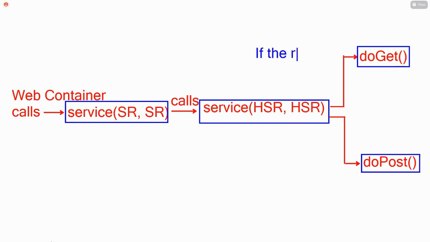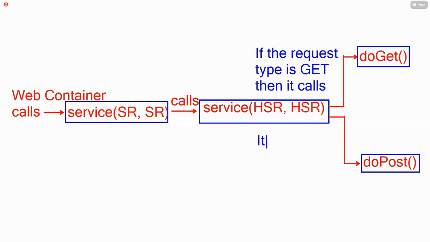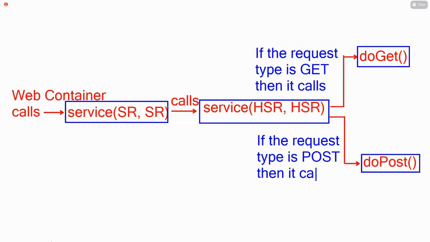If the request type is get, then it calls doGet. If the request type is post, then it calls doPost.